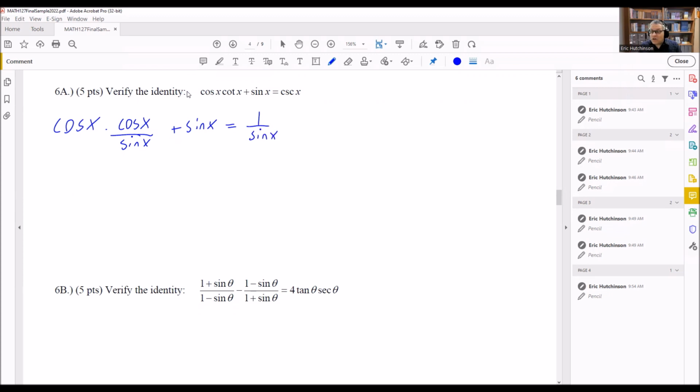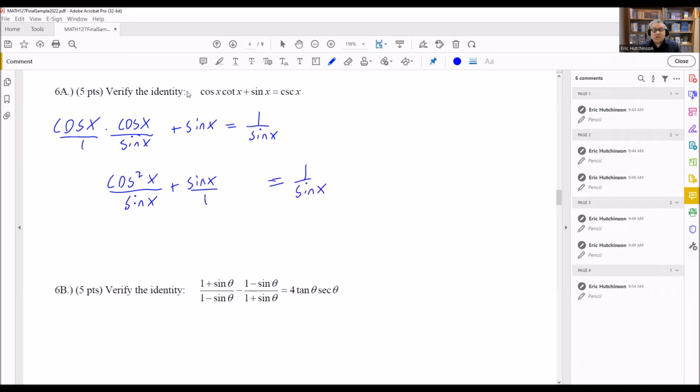Okay, so now I have everything all in terms of sines and cosines. I can multiply this together. Really, this is cosine over 1. So if I multiply across the top, across the bottom, we'll get cosine squared over sine x. We have plus sine x. Really, that's over 1. And then equals 1 over sine x.